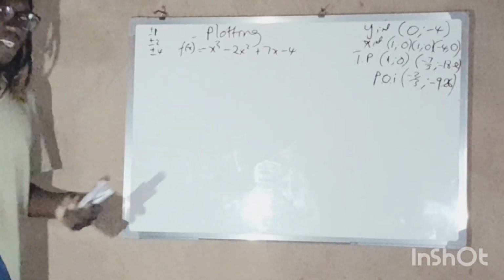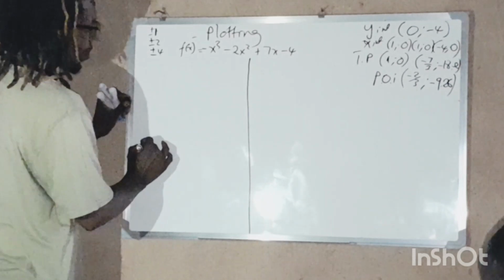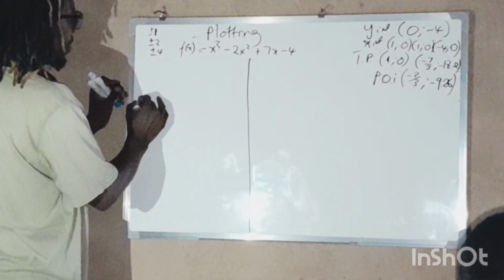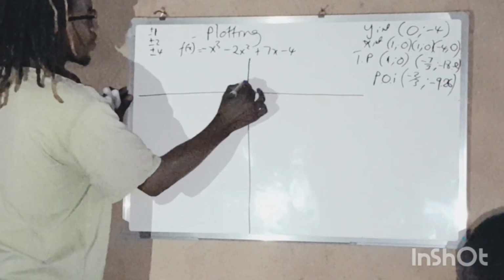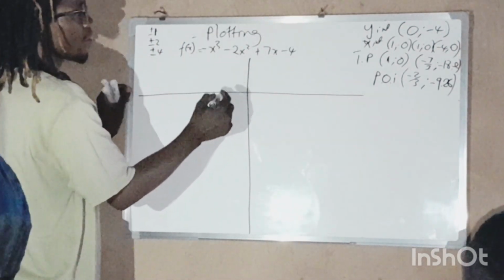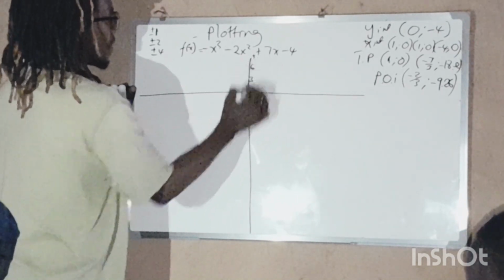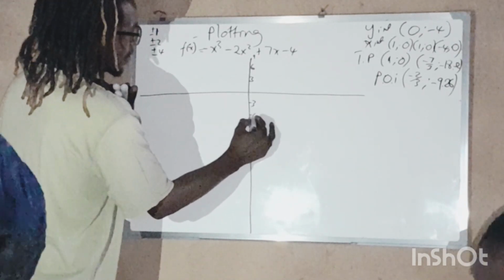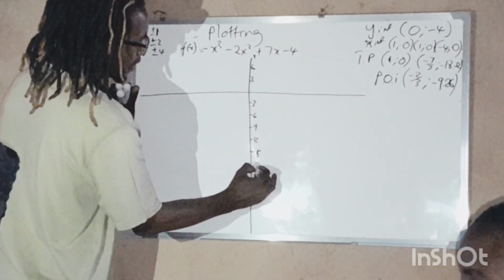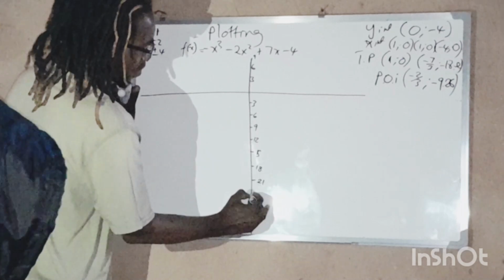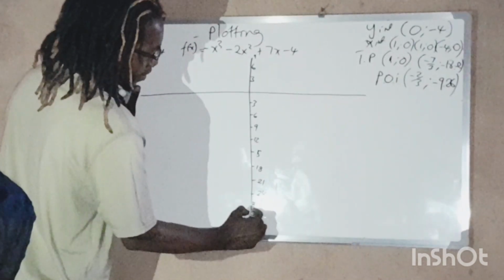So plotting this function will become easier now, right? So we just follow everything that we will be having, right? So let's count in 3, 6, 9, negative 3, negative 6, negative 9, negative 12, negative 15, negative 18, negative 21, negative 24, negative 27, negative 30.